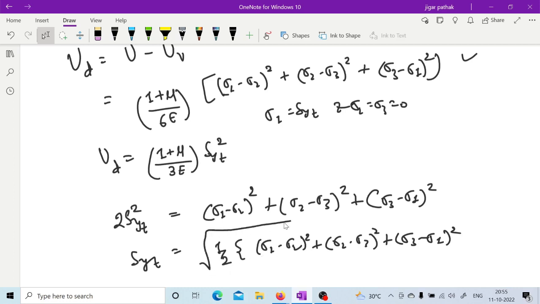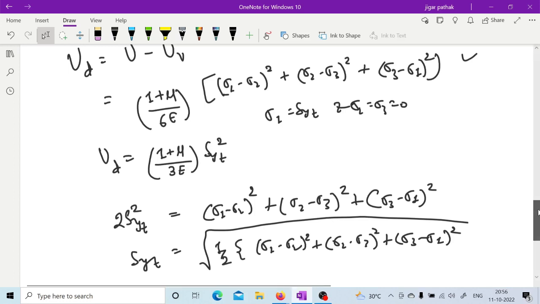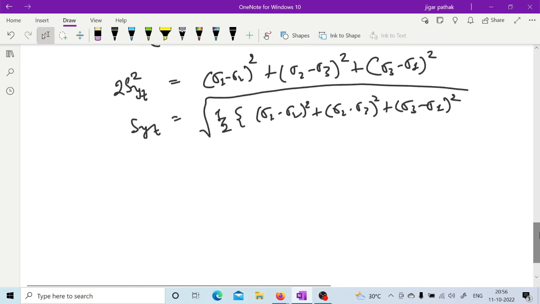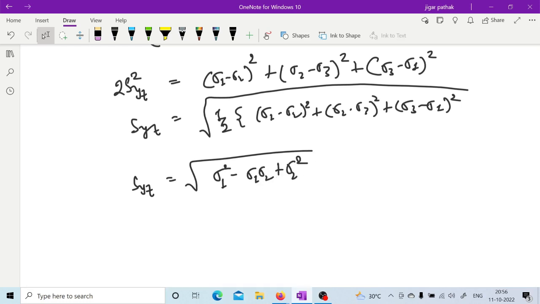Now if you consider the biaxial state of stress, sigma 3 is 0, so you will end up with SYT is equal to under root of sigma 1 square minus sigma 1 sigma 2 plus sigma 2 square, right?